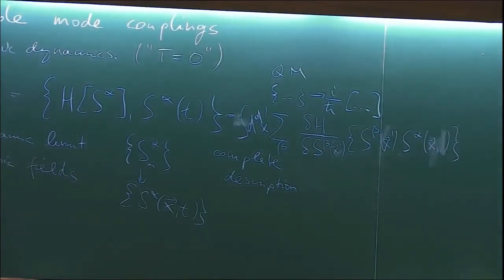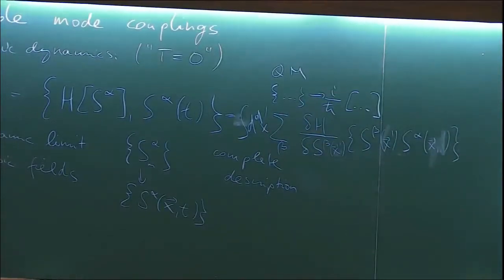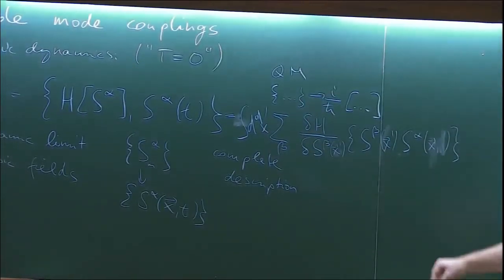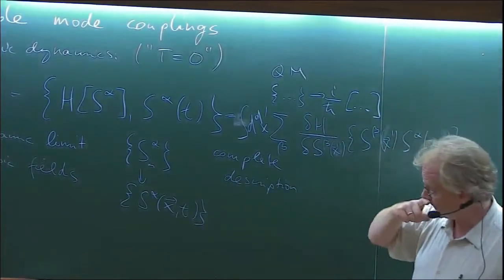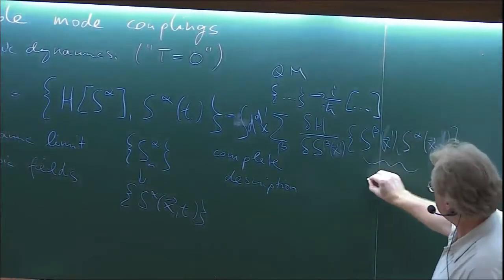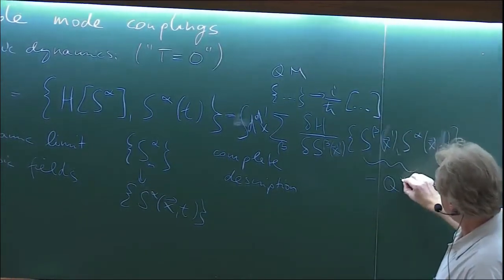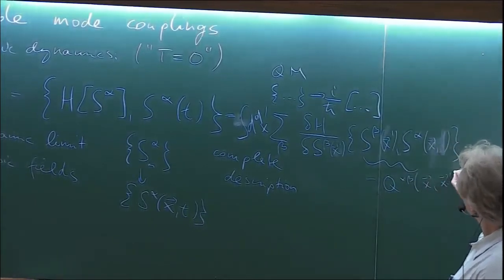So this is like in quantum mechanics where you expand into a complete set of operators. Here I'm assuming my slow variables afford me something like that. At this point, I just need these functional derivatives, which show up in the relaxation terms too. And here I need these Poisson brackets. I'm going to abbreviate this as Q alpha beta of x and x prime.